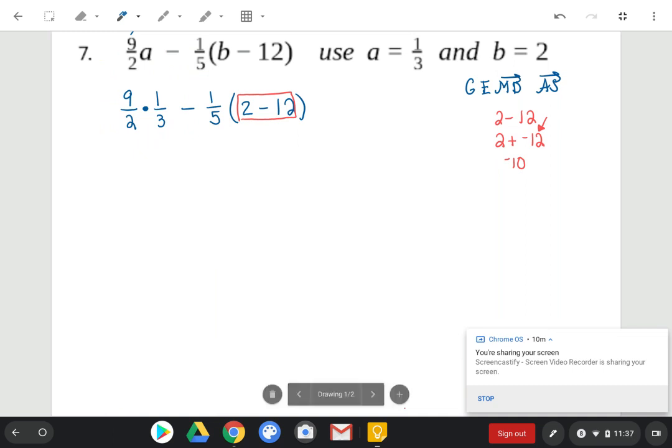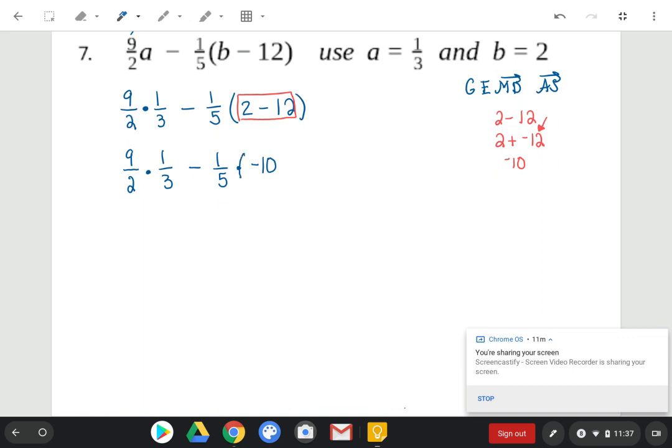So now we have 9 halves times a third minus a fifth times negative 10. Now notice I put the dot for multiplication.